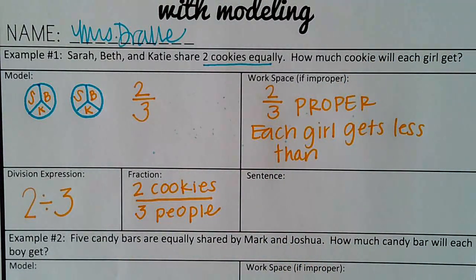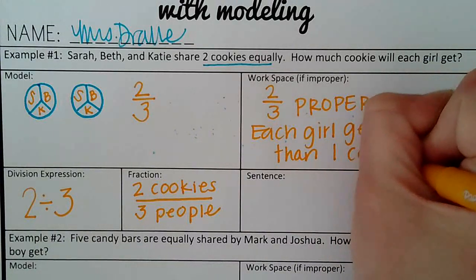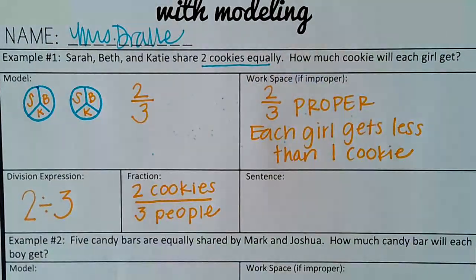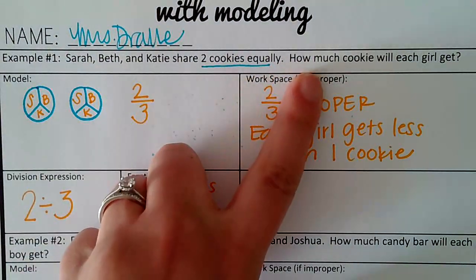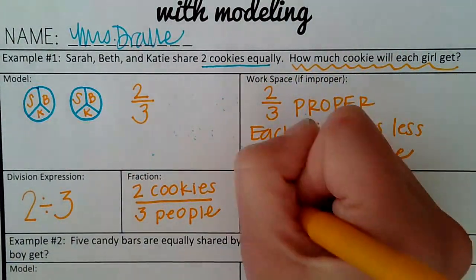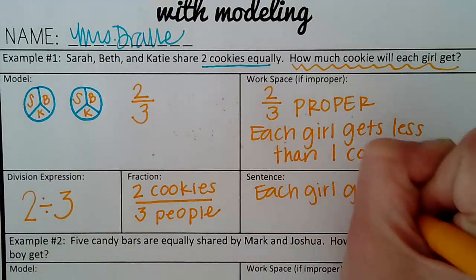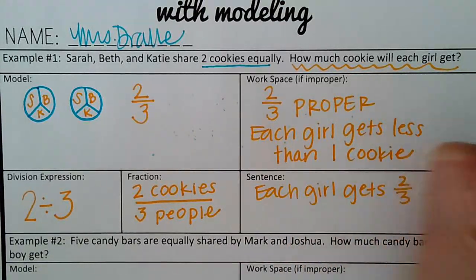They get 2 parts of the 3 that each cookie is, less than 1 cookie. So the question was, how much cookie will each girl get? Well, each girl gets 2/3 cookie.